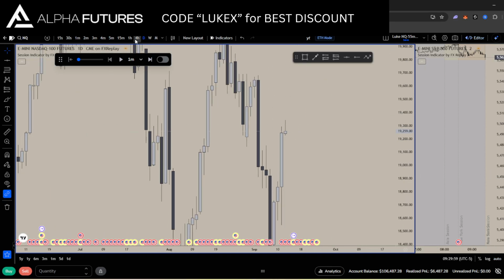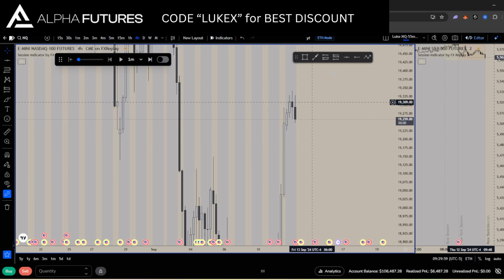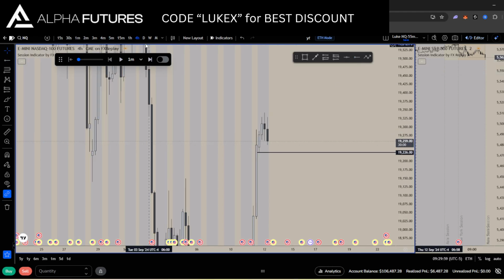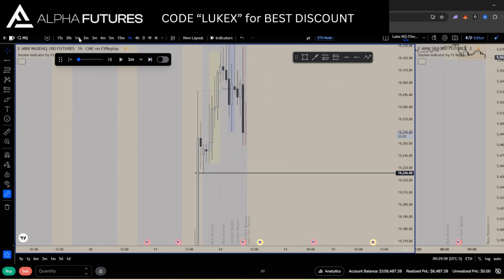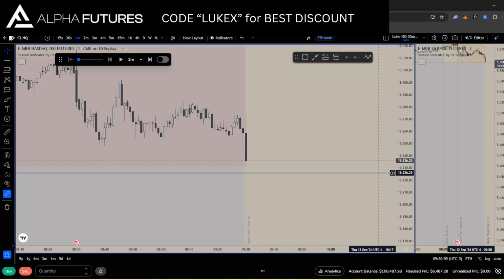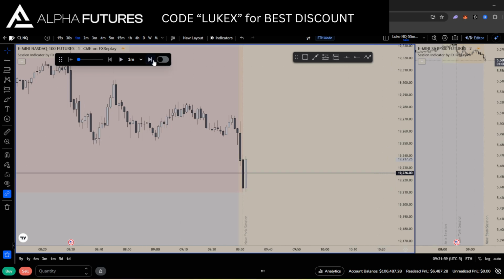All right, we're in this daily gap. 4-hour unfilled right here, potential draw. Let's see what happens. Again, not gonna have enough range to short.